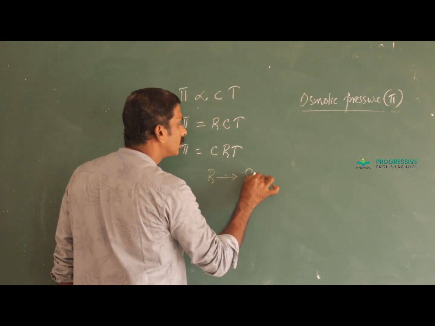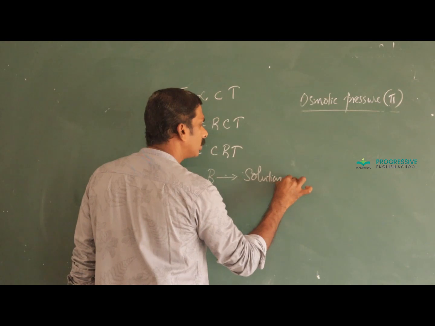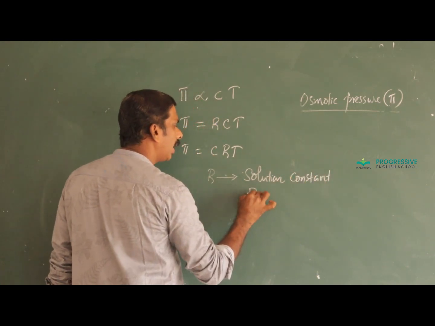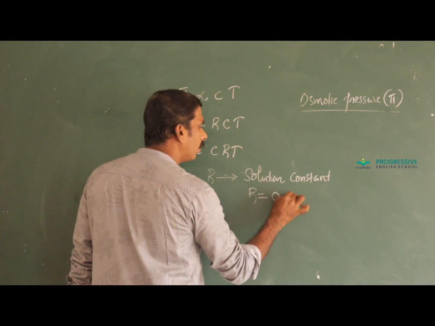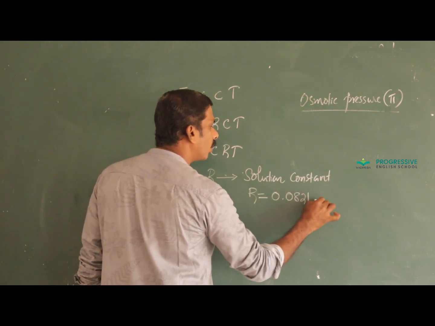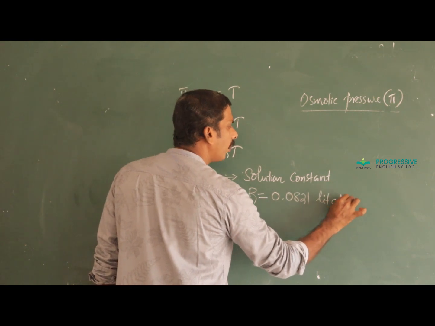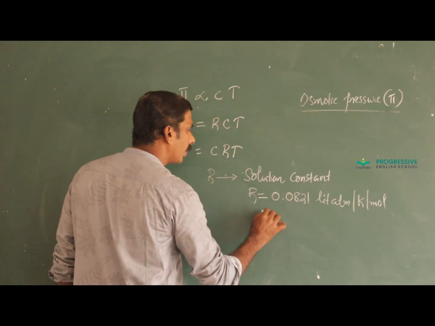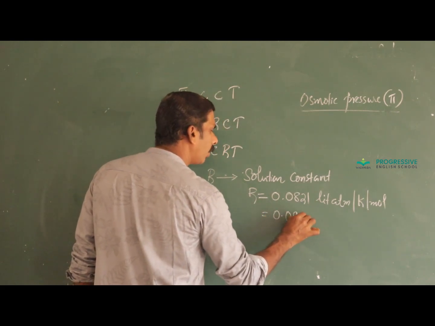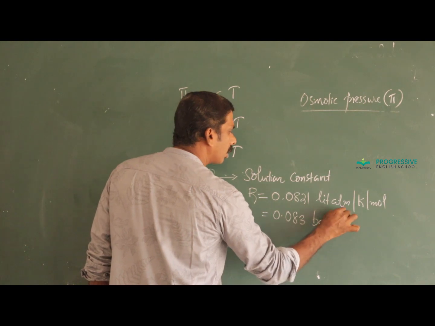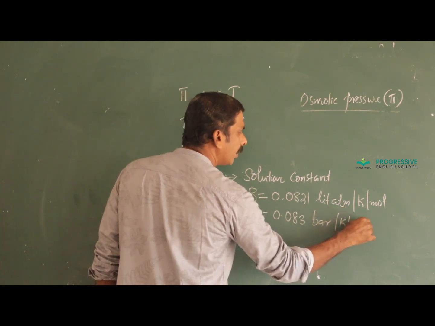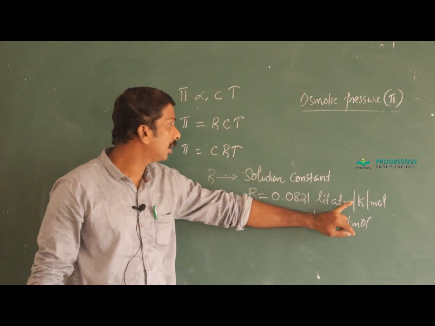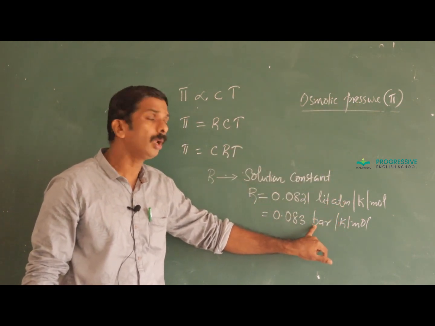It is called a solution constant, and the value of R equals 0.0821 liter atmosphere per Kelvin per mole or 0.083 bar per Kelvin per mole, depending upon whether the osmotic pressure is expressed in liter atmosphere or in bar.